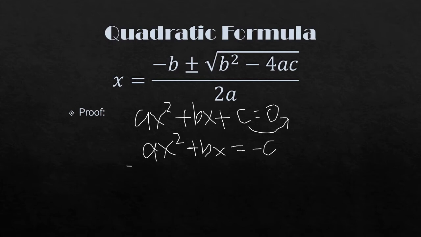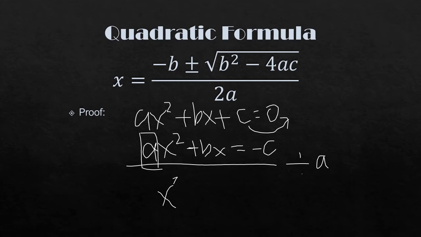What we do next is we divide this equation by the coefficient of x squared. So x squared plus b over a x equals negative c over a.